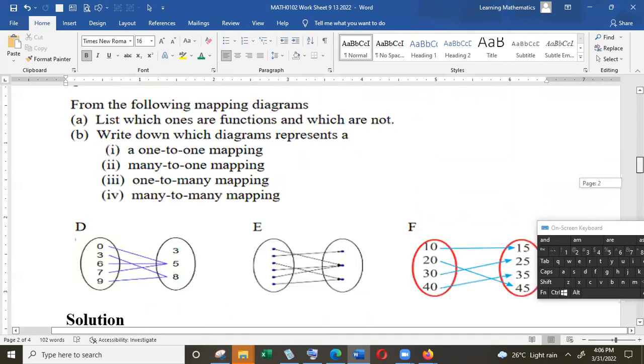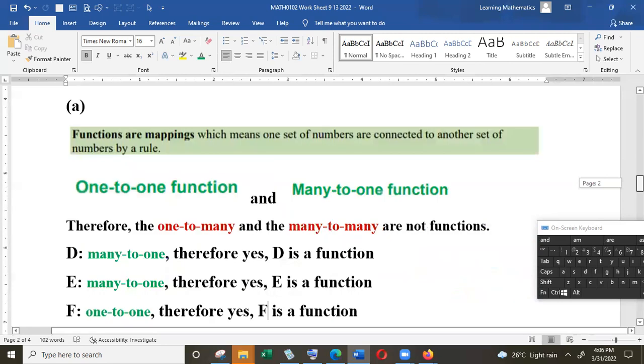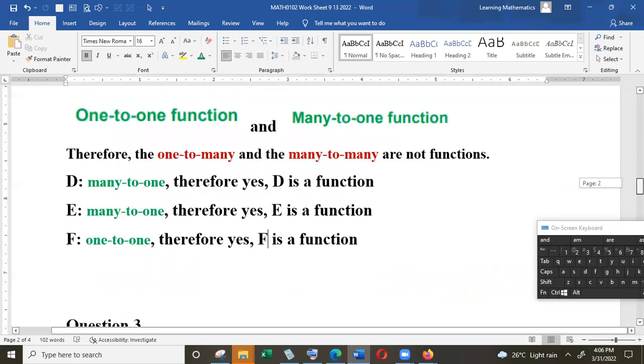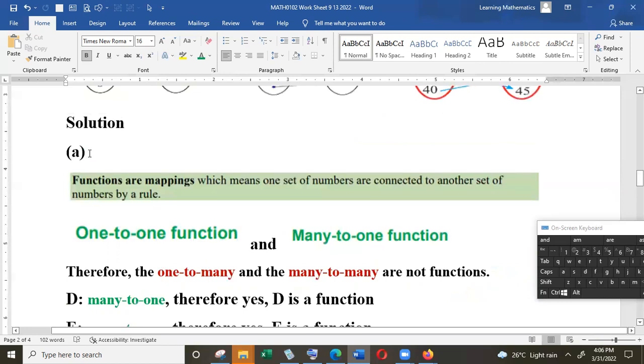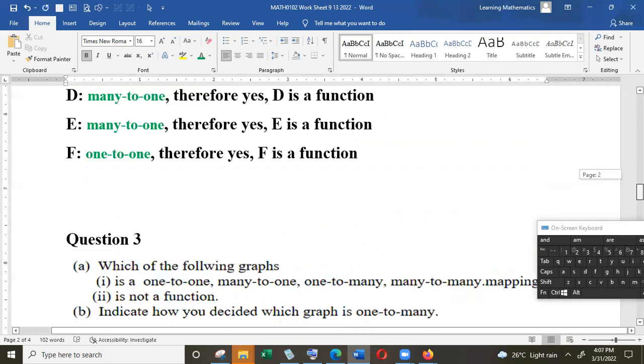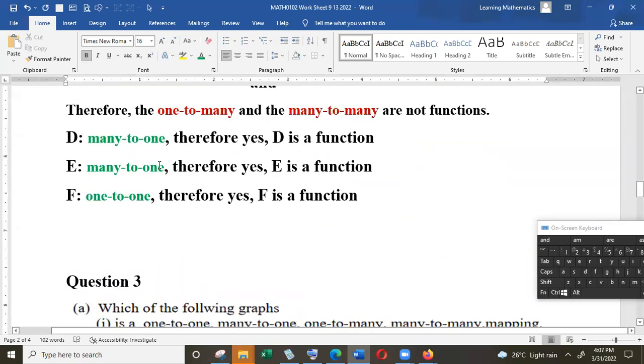All right. Part B says, write down which diagrams represent one-to-one, many-to-one, and so forth. So therefore, A and B have been answered, because we have actually identified what type of mapping they are, and we state whether it's a function or not.